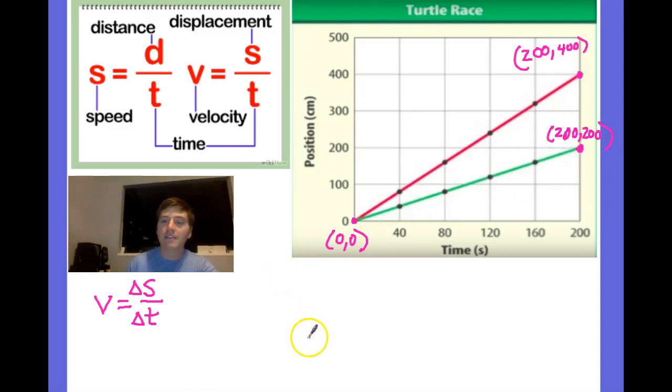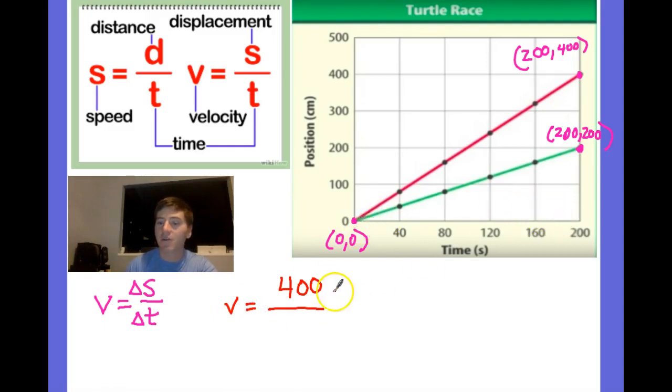So for the red turtle, what was my change in displacement? Well, I started at 0 and I ended at 400. So that is 400. What is my change in time?